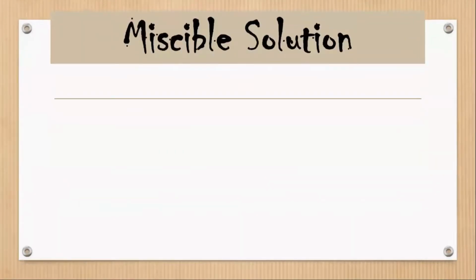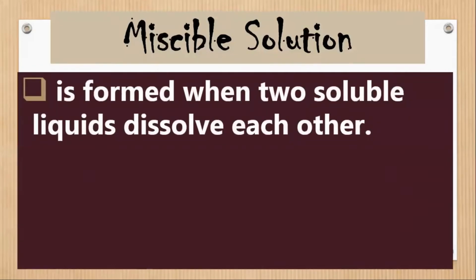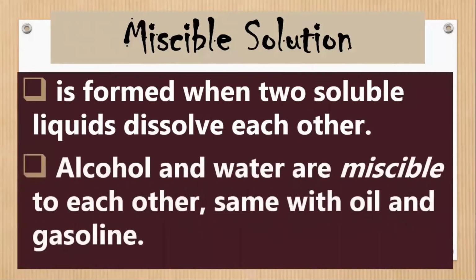So let us define miscible solution. When we say miscible solution, it is formed when two soluble liquids dissolve each other. Remember, two soluble liquids dissolve each other. Alcohol and water are miscible to each other. Same with oil and gasoline.